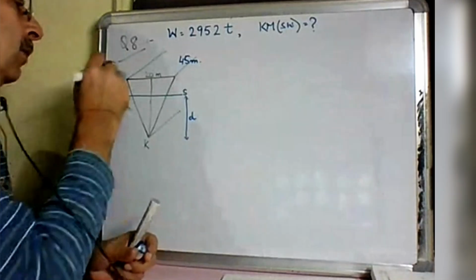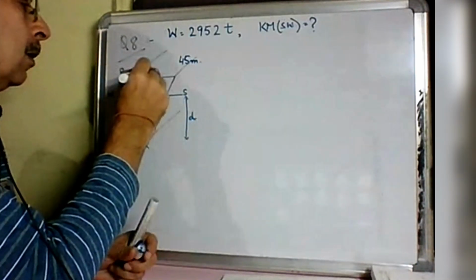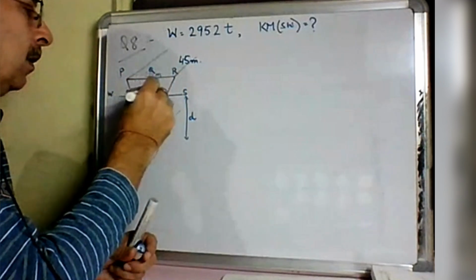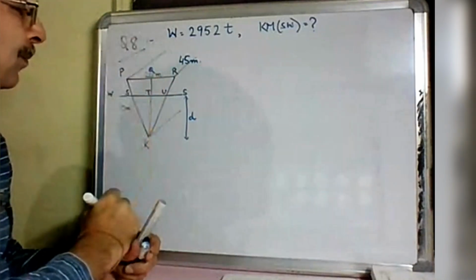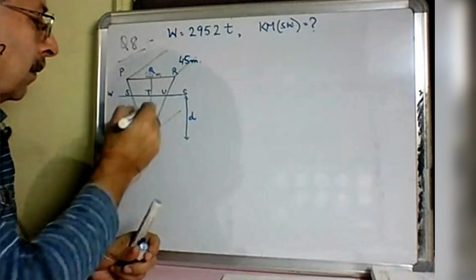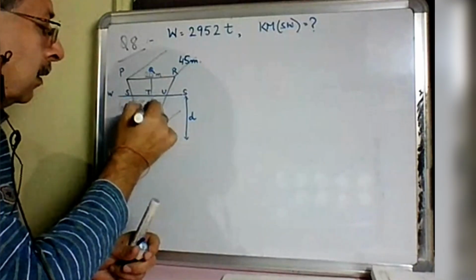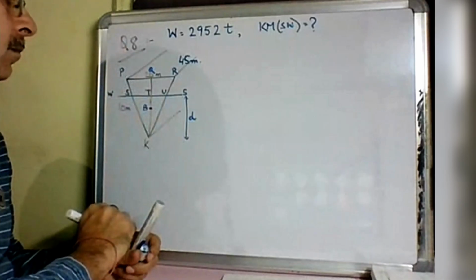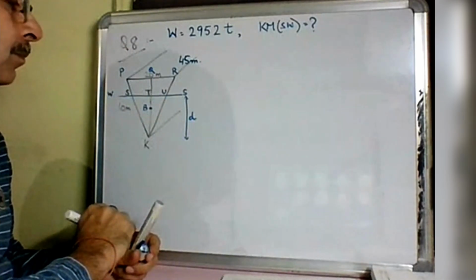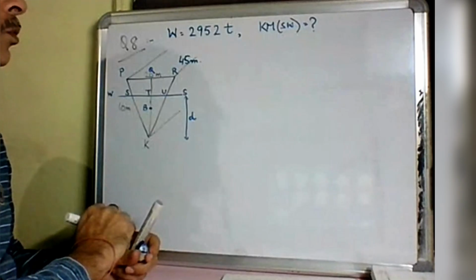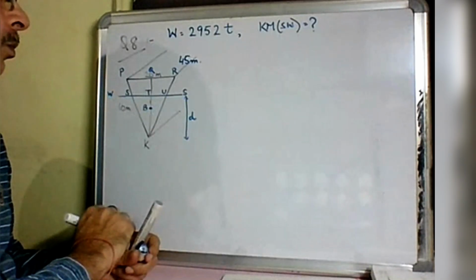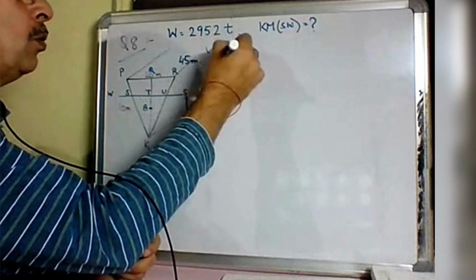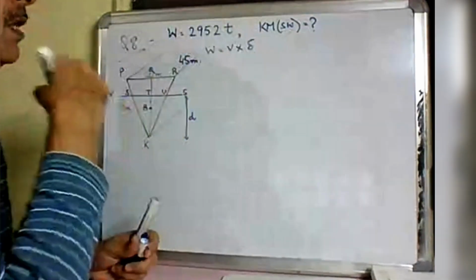So let's give some names now: P, Q, R, S, T, U. This is the center of buoyancy, KB. So, displacement W is equal to underwater volume into density.